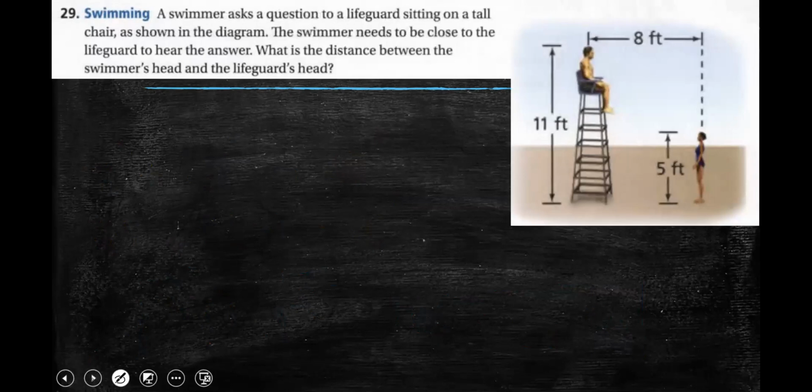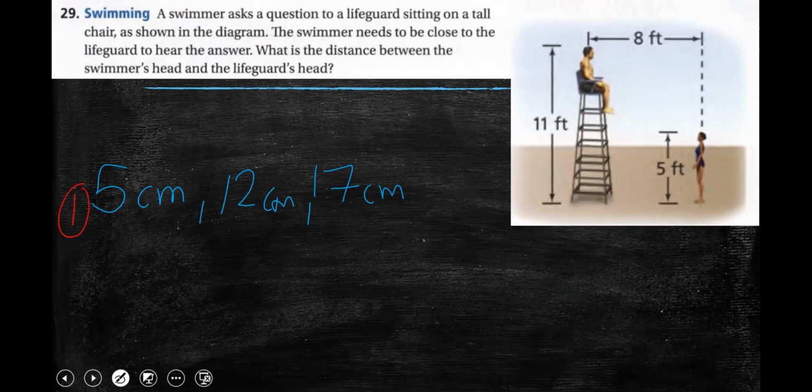Before solving this question, I will give you 3 numbers, and I want you to tell me which set of lengths could be the side lengths of a right triangle. I want you to work it now. The first one: 5 centimeter, 12 centimeter, and 17 centimeter.